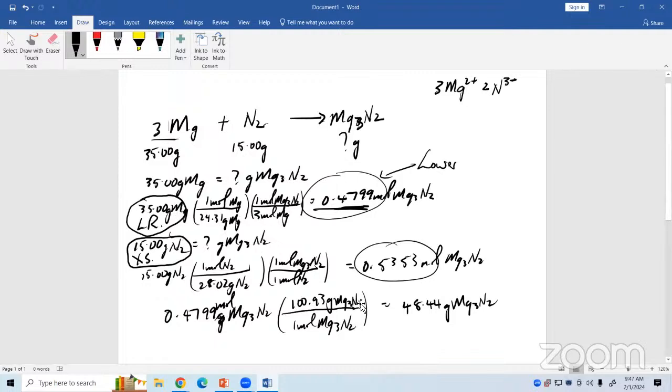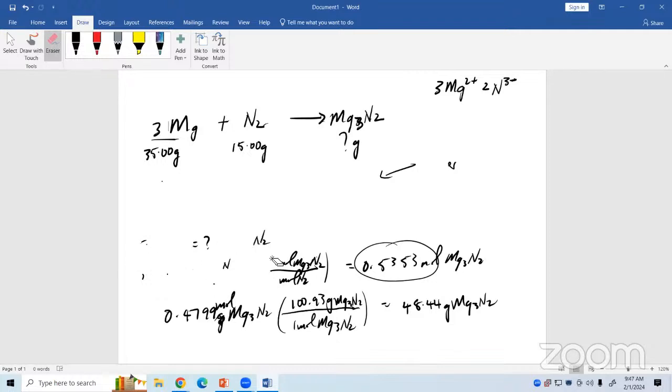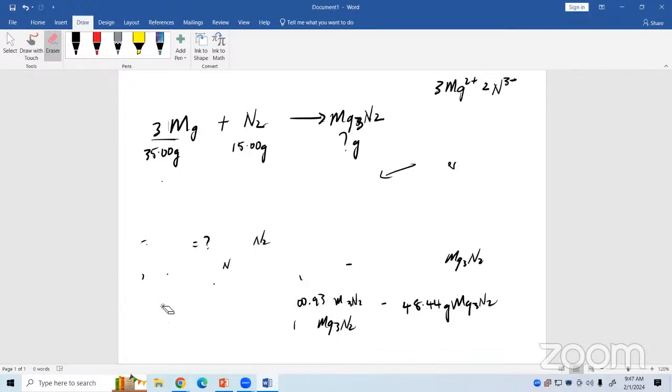Okay, so what I'm going to do, I'm going to assume that it's okay for me to erase most of this stuff here. So I guess I erase from here. Okay, so the first thing I would do is I would start off with the limiting reactant, which would be the magnesium. So 35.00 grams of the magnesium.